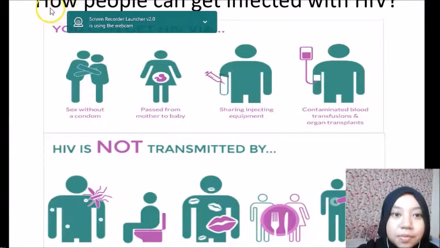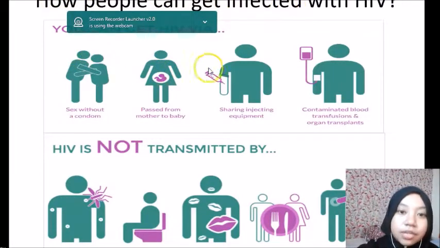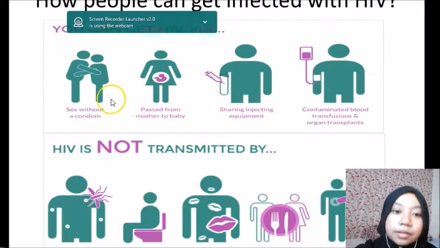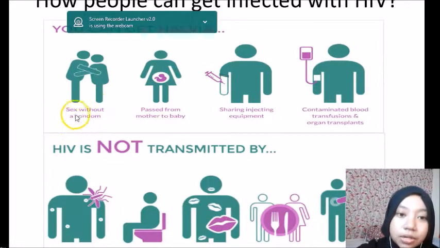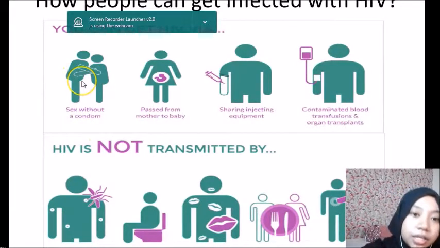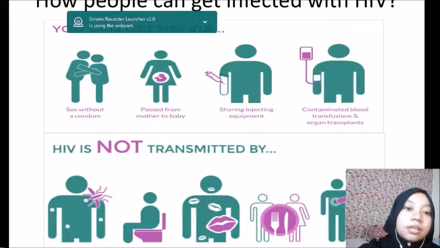Now I will explain how people can get infected with HIV. As you can see in this picture, these are the ways HIV can be transmitted. First, sex without a condom, or we can call it unprotected sex.